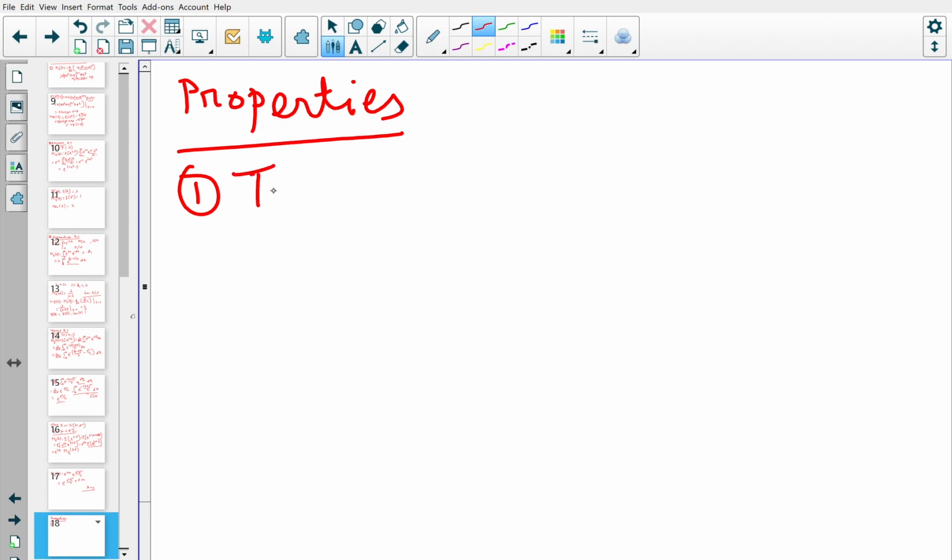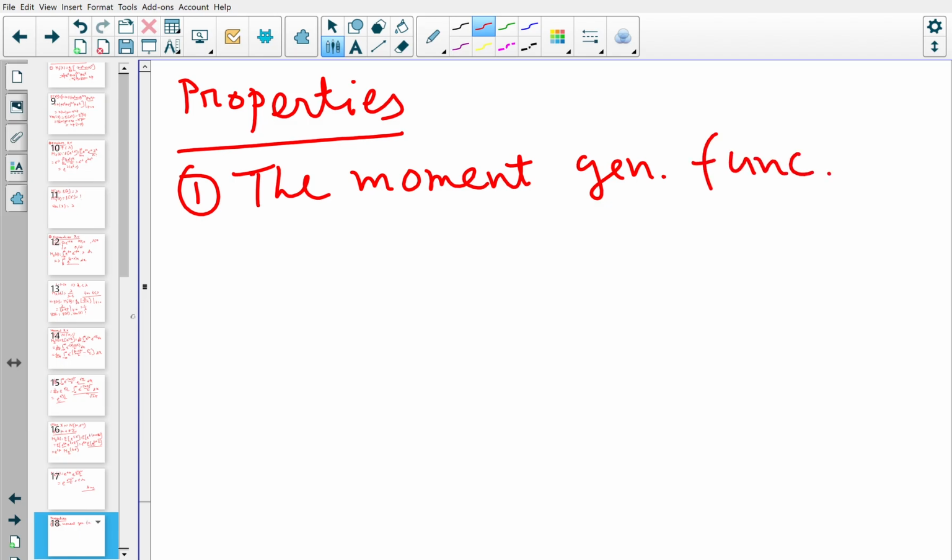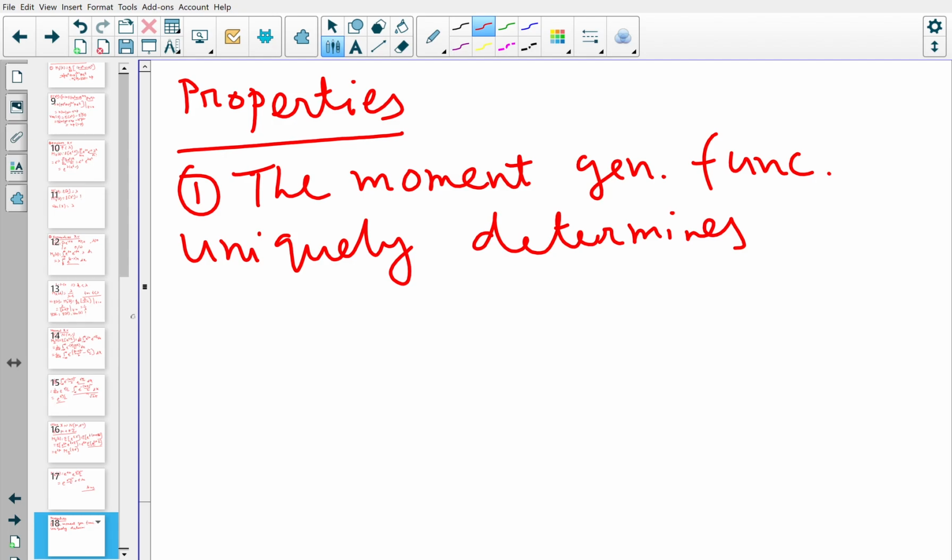The moment generating function uniquely determines the distribution. Okay, so what does that mean?